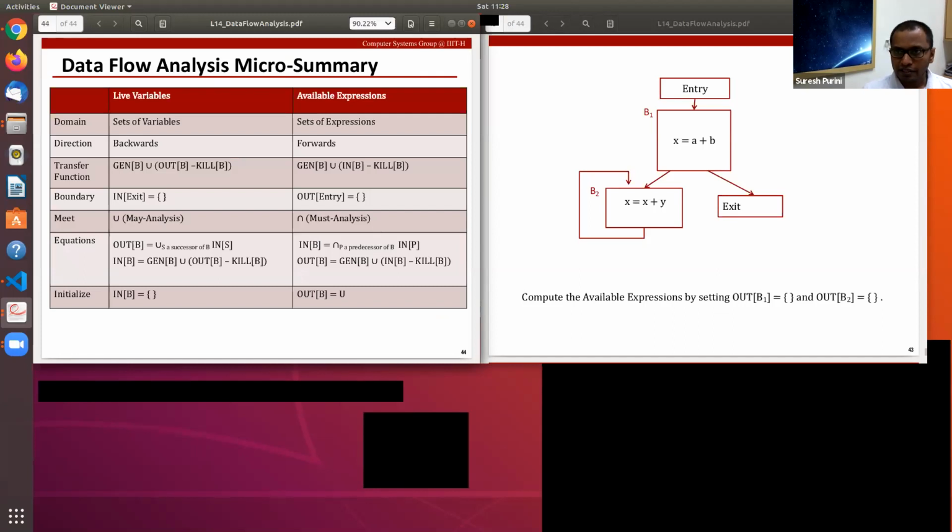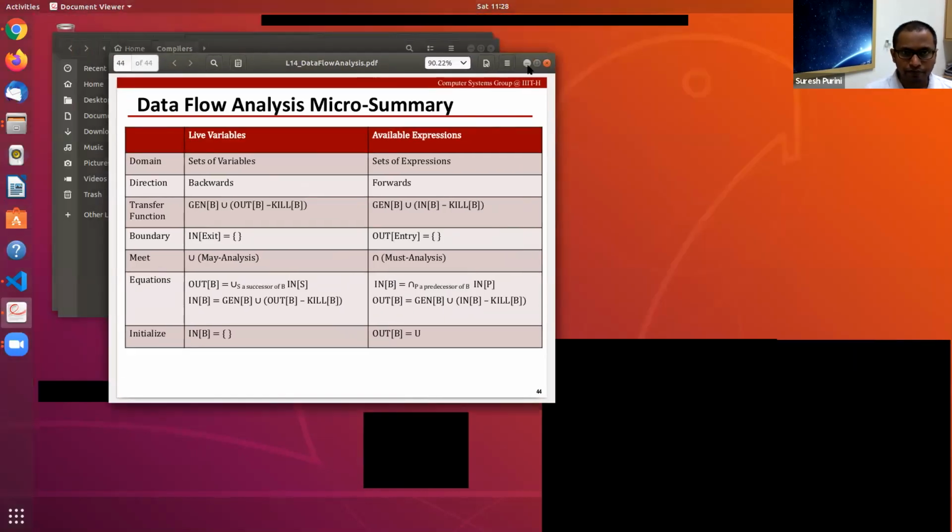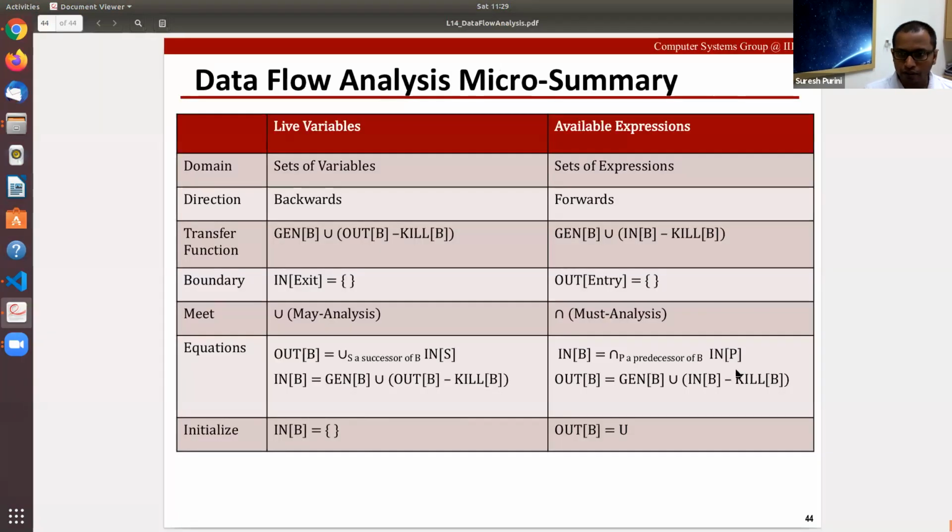To summarize, this is what we have. This is the summary of data flow analysis. So we have seen two data flow analysis problems. One is live variable analysis problem, and the other is available expressions analysis problem.